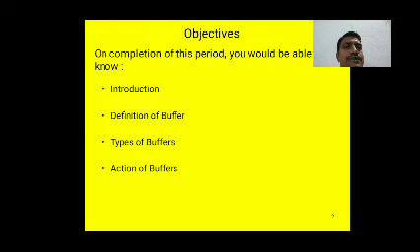What is a buffer solution? How many types of buffer solution? What are the actions of buffer solutions?